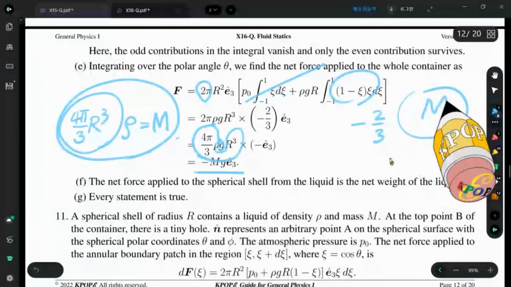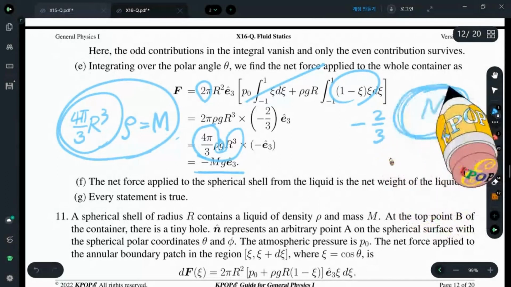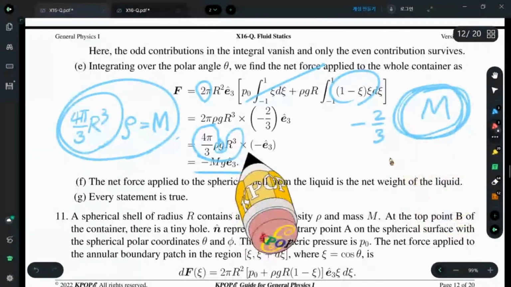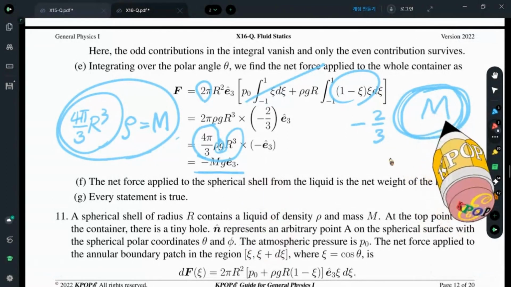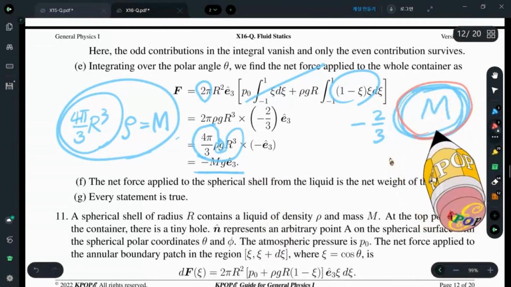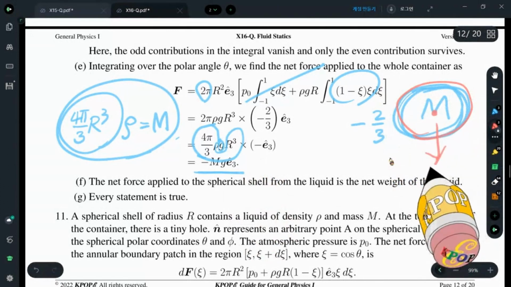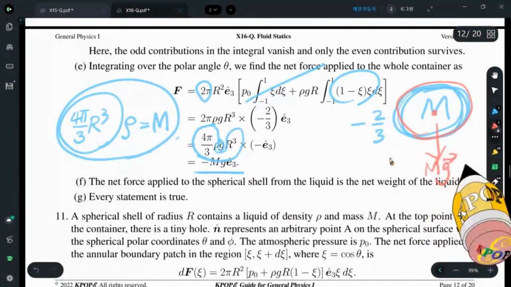Remember, the liquid has its own mass m. However, before evaluating this, we expect that because of this mass m, it will apply a net force at the center of mass, something like mg.